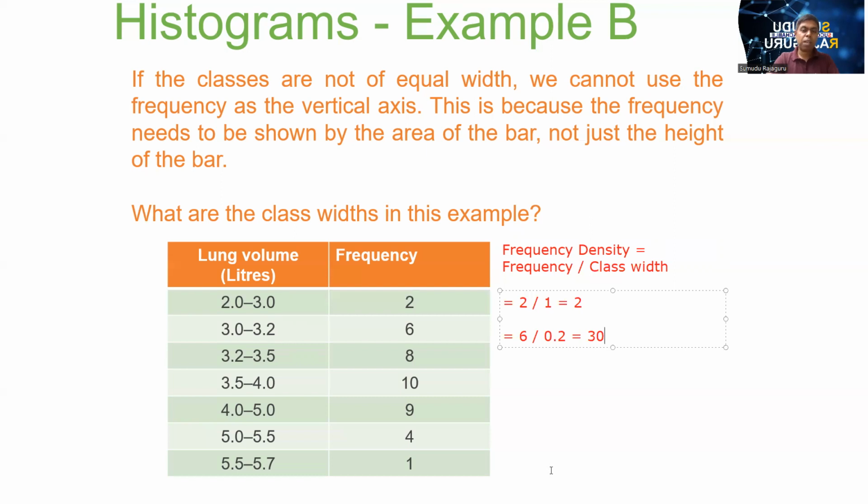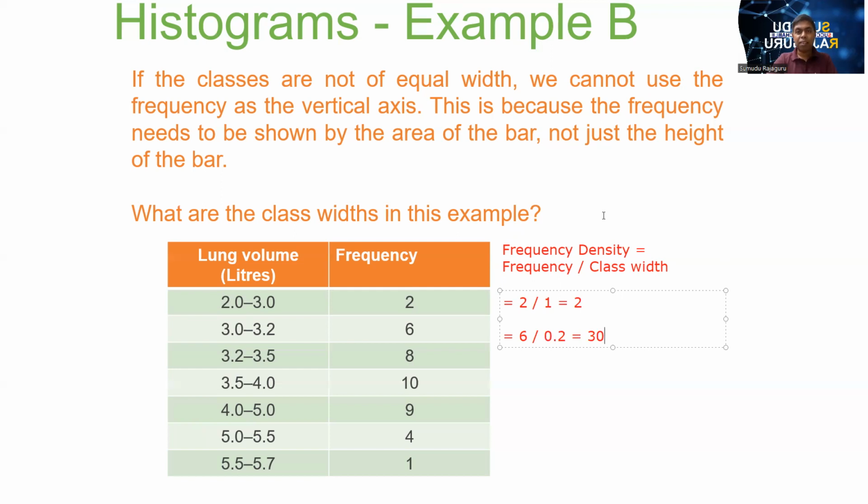Then as previously, we have to draw the histogram. On the horizontal axis, we take the lung volumes, but on the vertical axis, we have to take the frequency density. That is the only difference between histogram type 1 and type 2.